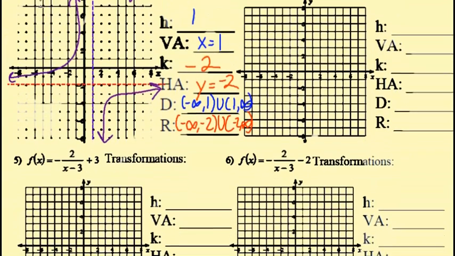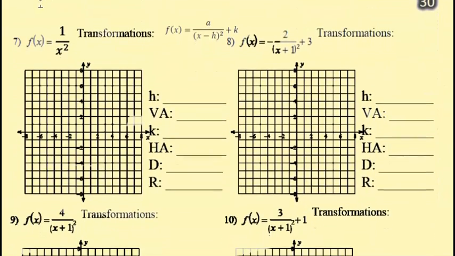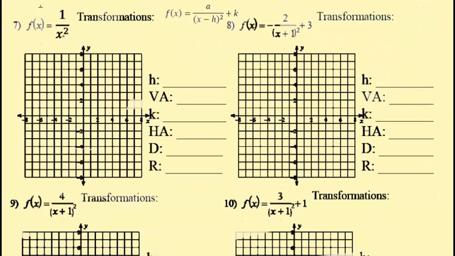Now let's look at our rational functions with even exponents. So our transformations is none. This is the parent function. Your h value is just 0 again, because there's nothing being added or subtracted to the x. So the vertical asymptote is at x equals 0.